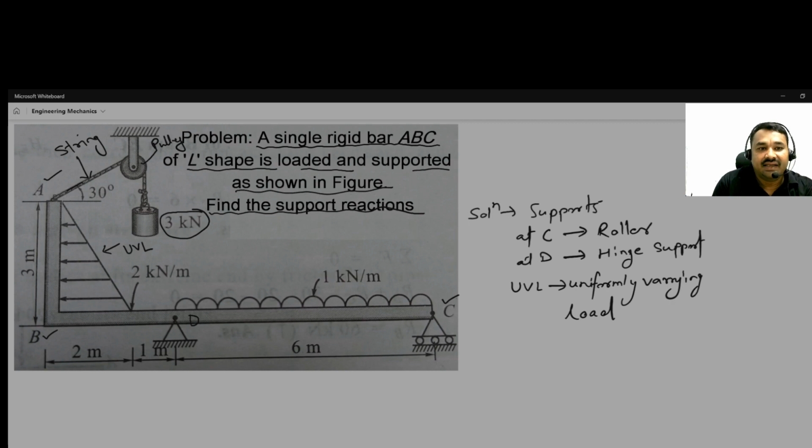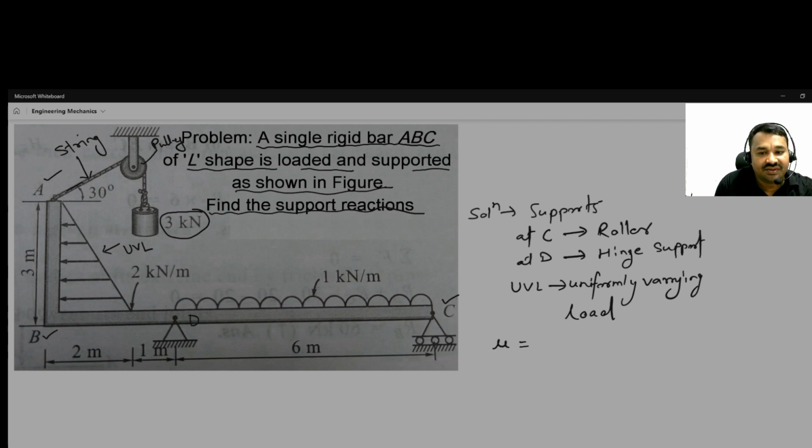Okay, and in this question it is not mentioned that the pulley is frictionless. Also, suppose there is friction, then there should be a value of the coefficient of friction, some value.